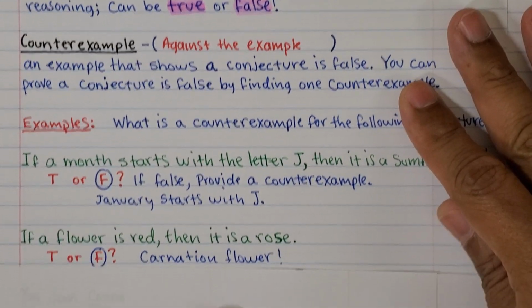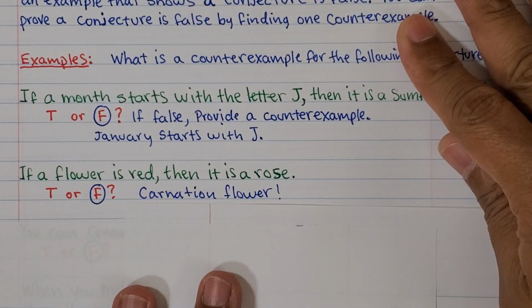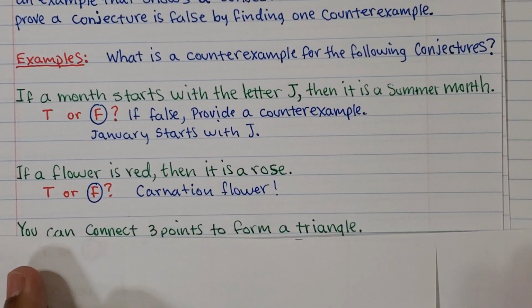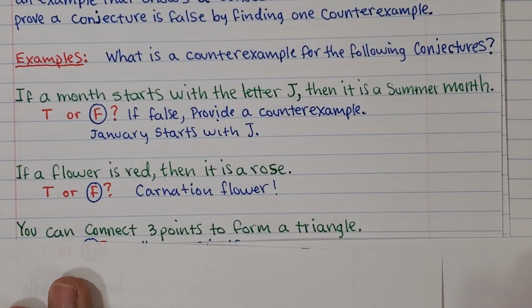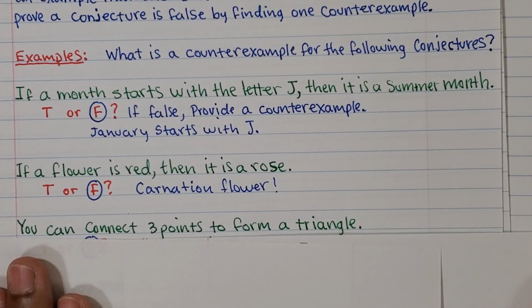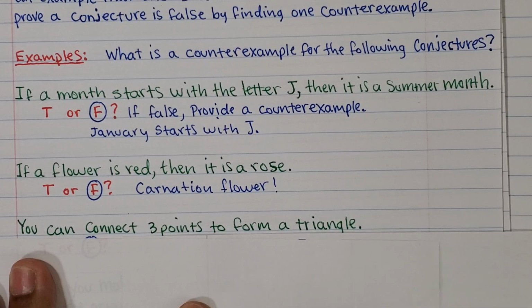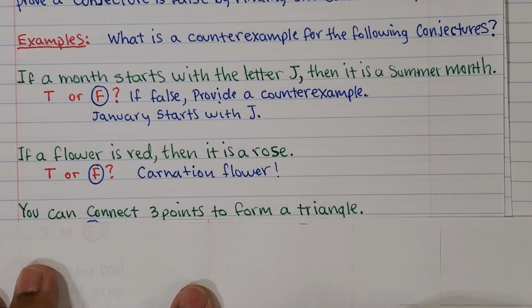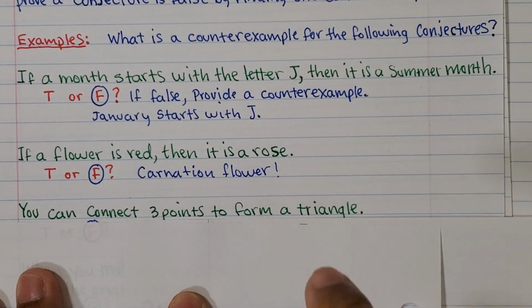Let's go on to the next example. Now we're getting geometrical here. We're using geometry terms. You can connect 3 points to form a triangle. Is this a true conjecture? I'm going to say it's false.